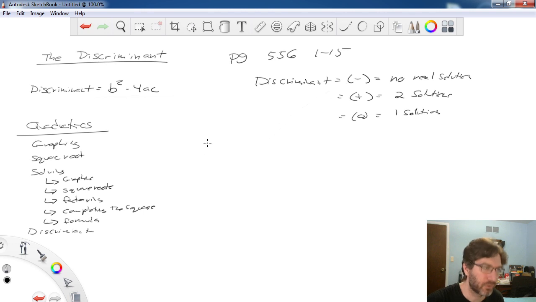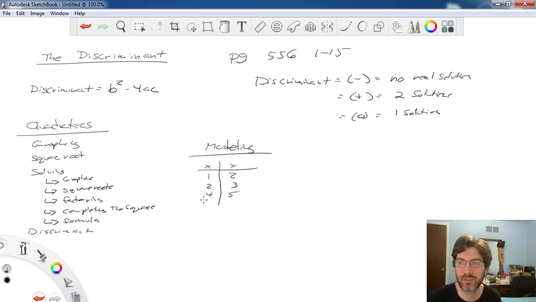And tomorrow we're going to do modeling, which is going to be the rest of the week probably. So basically, if I give you a data set, an XY table, and I say x is 1, y is 2, 2, 3, 4, 5, something like that, what is the equation for it?